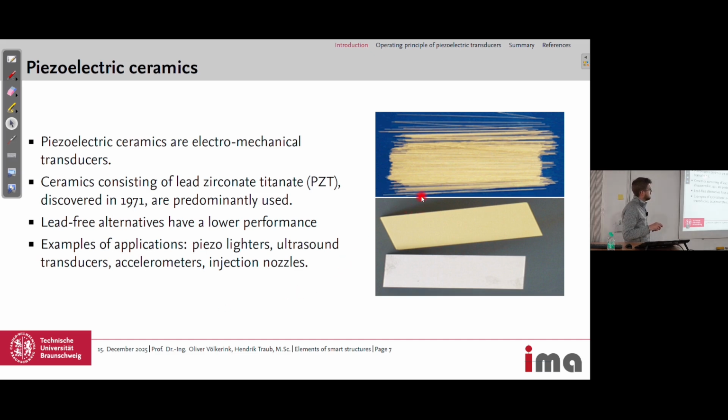As a semi-finished material they can take the form of fibers and also of thin films or plates. Tomorrow, I think, we will also look into the manufacturing processes in general to give you an impression of how these materials are manufactured.